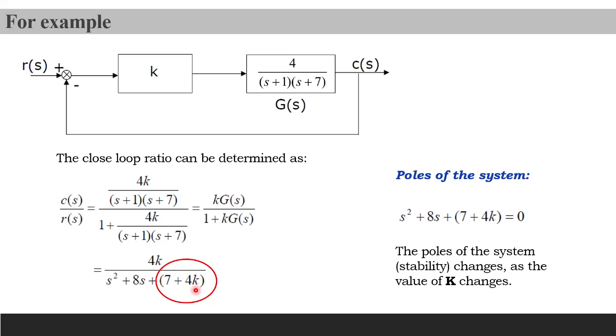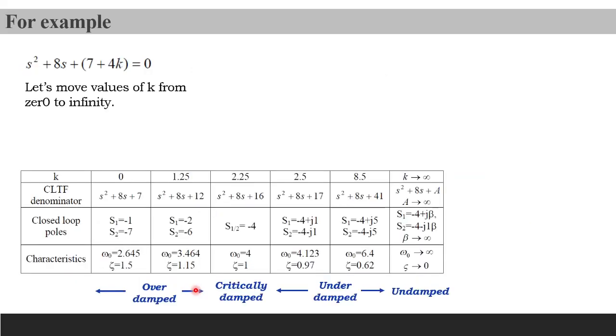So let's move forward. What we are trying to do here is change the value of k from, for example, k equals 0 to k equals infinity, and by changing those values, see how the location of the poles is affected, right?